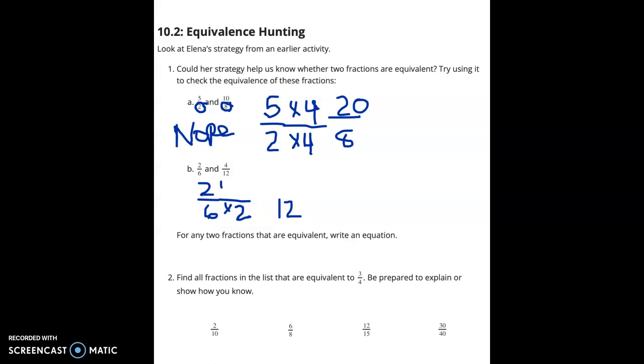And I know I can get my 2 to a 4 by also multiplying by 2. So that one is an equivalent fraction. We already did this part. We already wrote our equation. Our equation is what we're doing for multiplication to get to that number. So that one is equivalent.